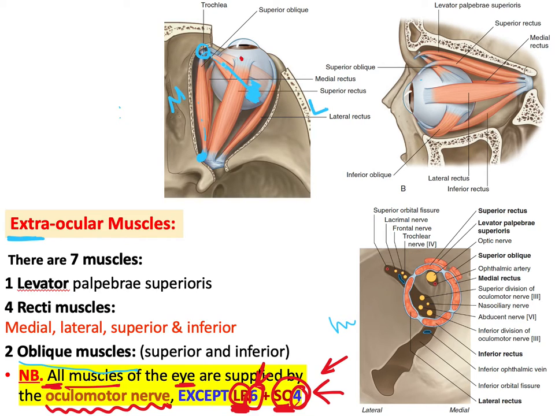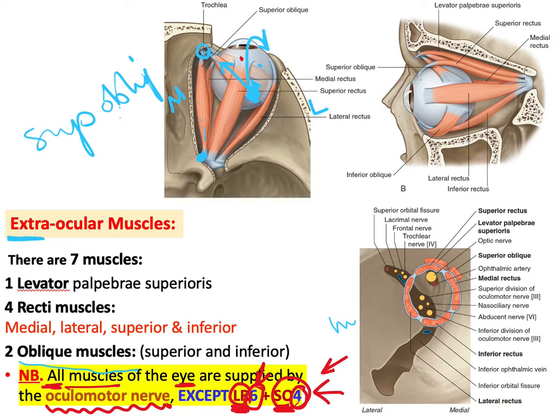Imagine when it's contracted. It works against its name, it's superior oblique, but once contracted, it pulls the eyeball down. It depresses the eyeball, like when you are looking to the ground, right? So this is number one.